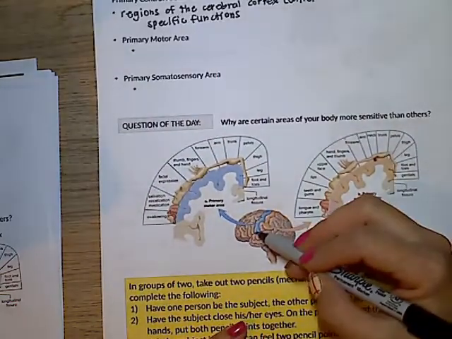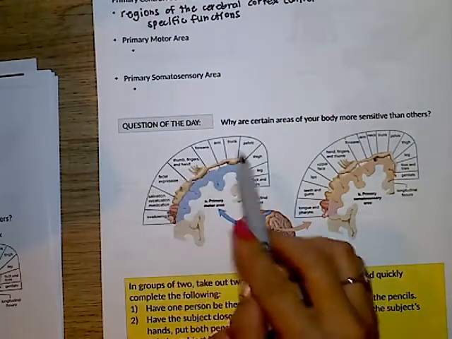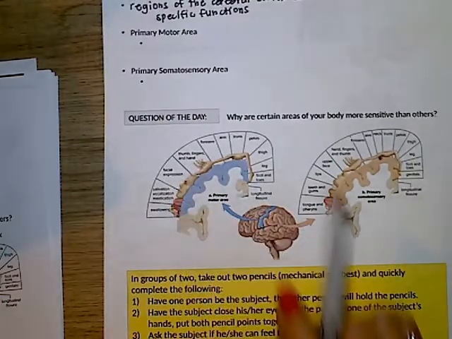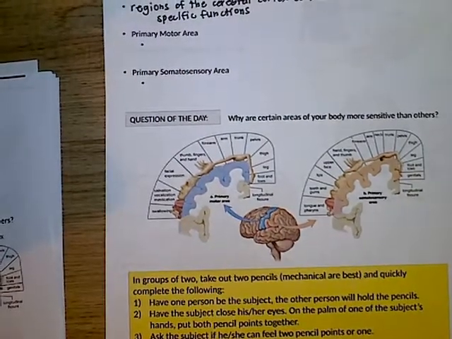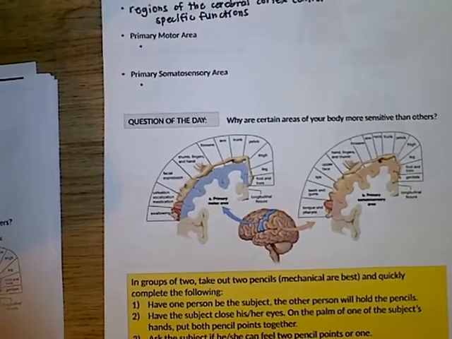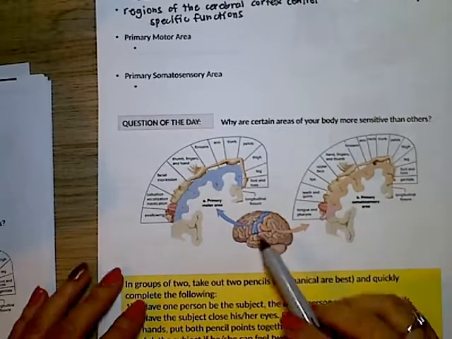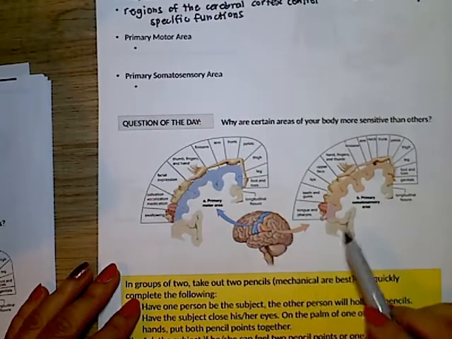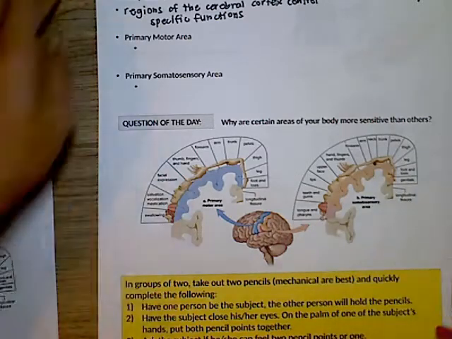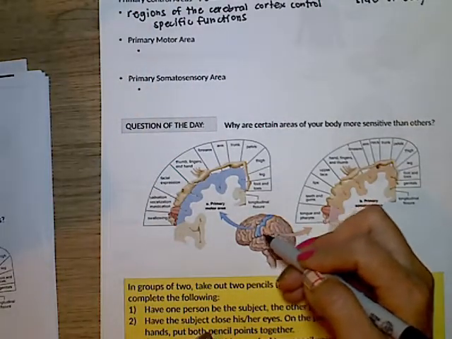Okay, so there's actually this strip on your brain here that controls different areas, motor areas, meaning movement. And then right behind that is the somatosensory area that senses different parts of your body. So let's talk about the primary motor area, which is this blue portion that you're looking at here.